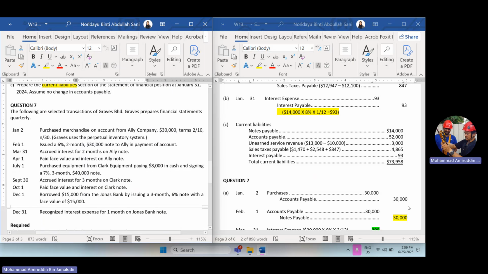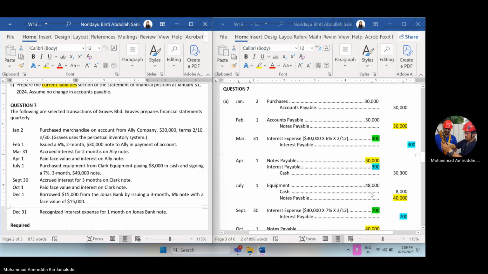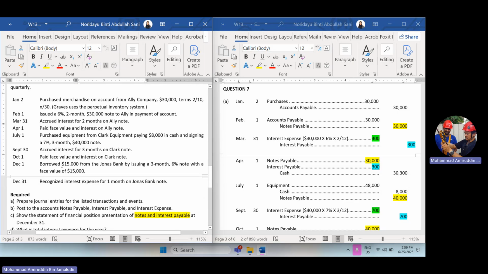Number 7. Something like a final exam question. The following are selected transactions of a company. Prepare financial statement quarterly. We have all the transactions.